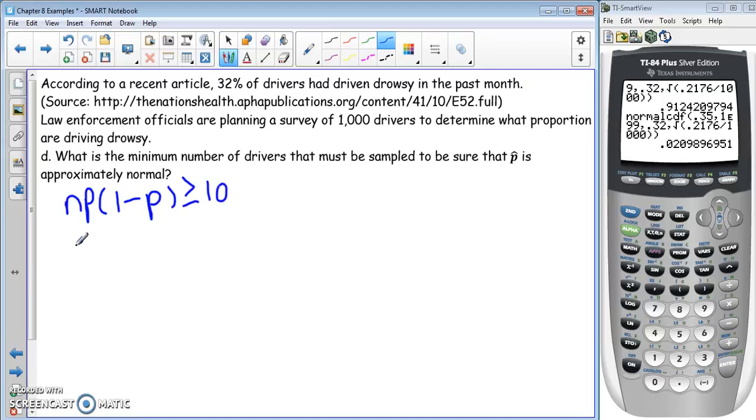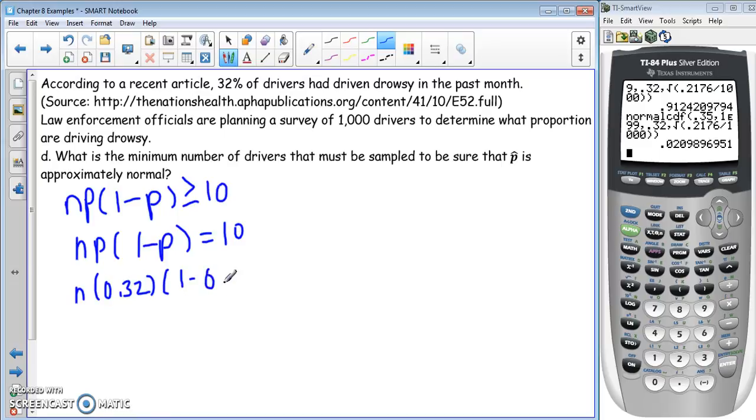So we're solving for n so that this condition is equal to 10. And usually we round up, because if we round down, we're not sure that it will equal 10, and then our condition is not satisfied. We just use equal to, so it's easier to solve. So p is 0.32, and we're going to plug that in and solve for n.